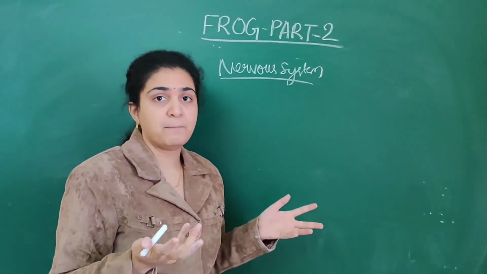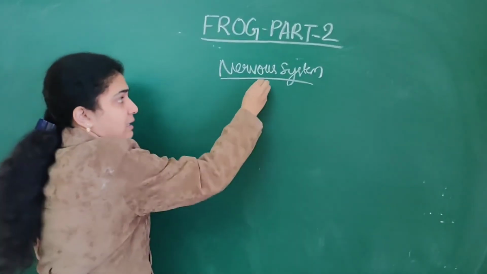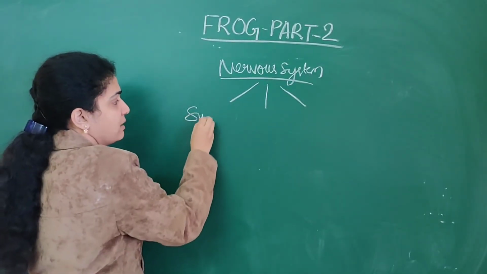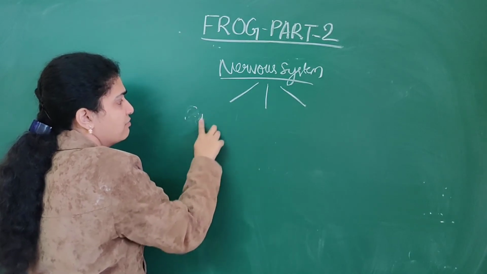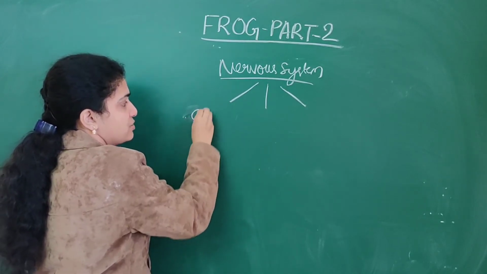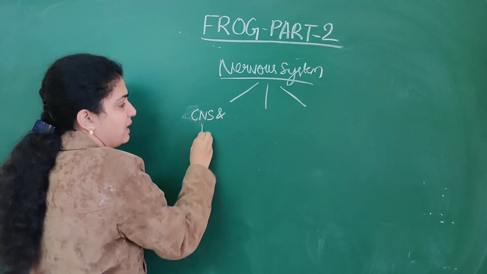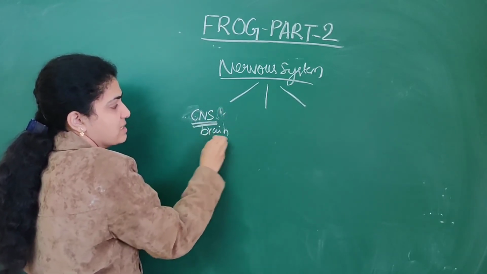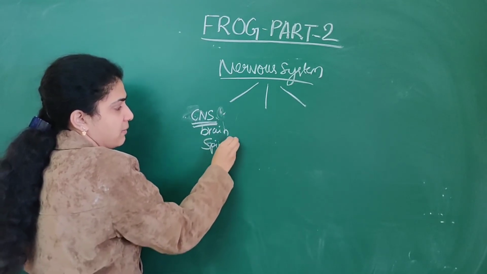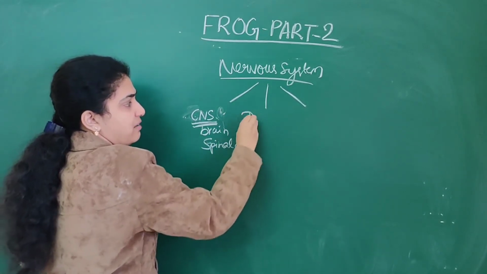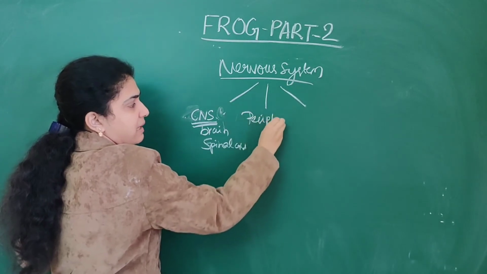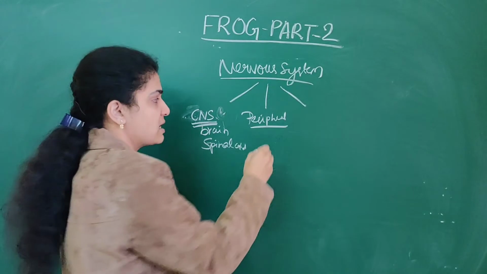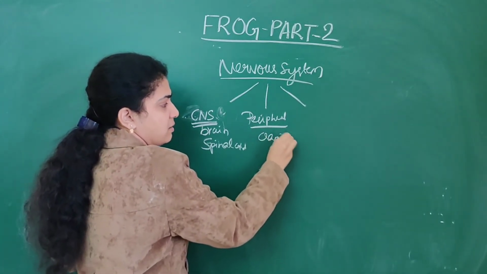The nervous system also is the same. Mainly there are 3 types of systems like in human beings. The first one is the central nervous system, in which the brain as well as the spinal cord are present. Next, the peripheral nervous system, which has cranial nerves as well as spinal nerves.